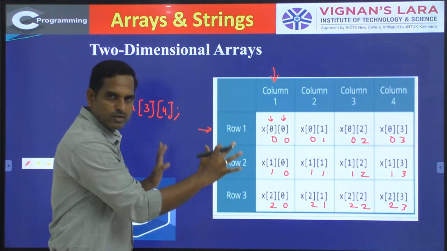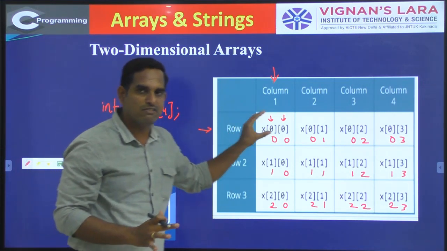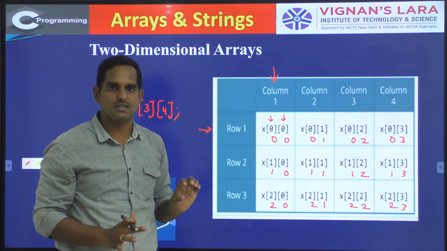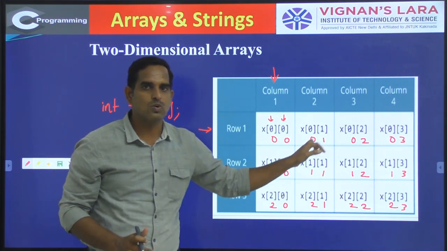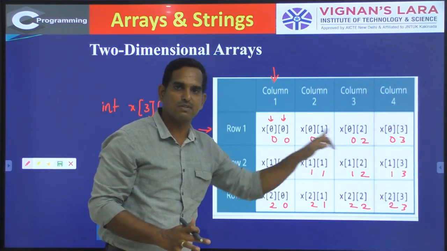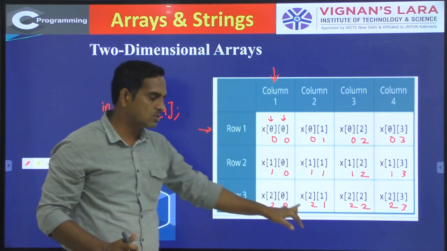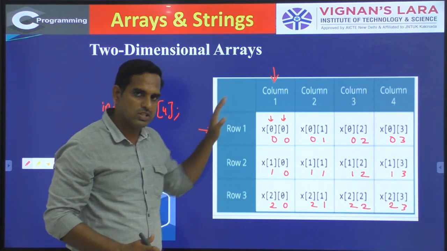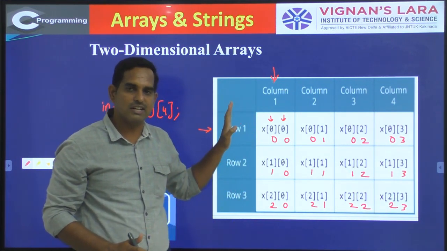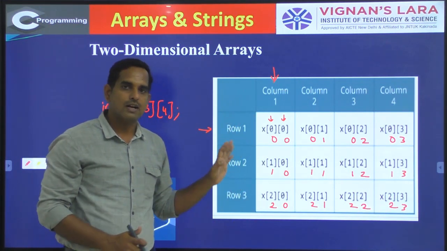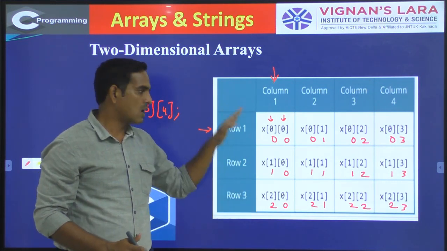You have to remember or conceptually visualize all these element indices. So 0,0; 0,1; 0,2; 0,3 will be the first row. 1,0; 1,1; 1,2; 1,3. 2,0; 2,1; 2,2; 2,3.